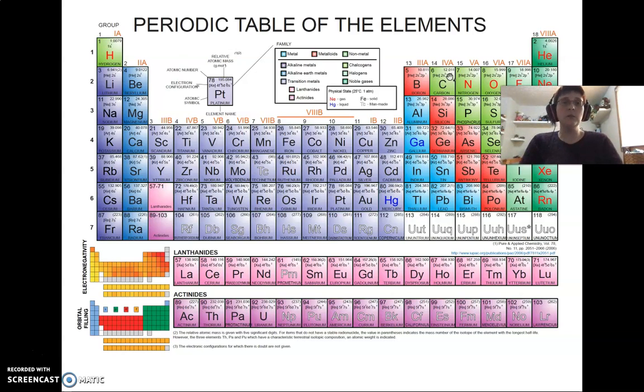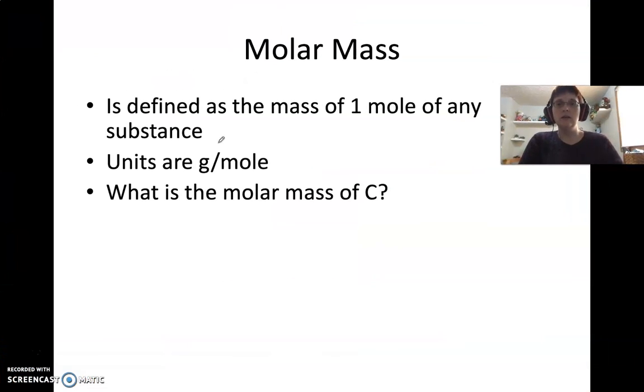And so that means that the molar mass of carbon is going to be 12.011 grams per mole. If we look at it in an equation, each mole of it that shows up in an equation is going to be 12.011 grams.